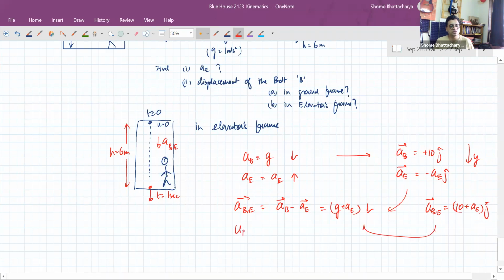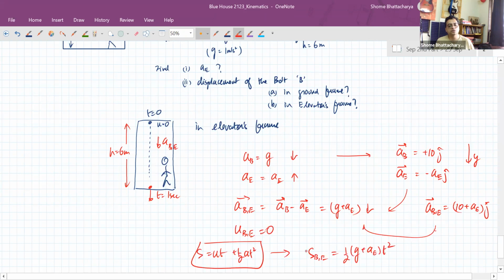And initial velocity of bolt with respect to elevator is 0. So displacement should be equal to ut plus half at square. So using that relation here, displacement of the bolt with respect to the elevator should become half of g plus AE into t square.